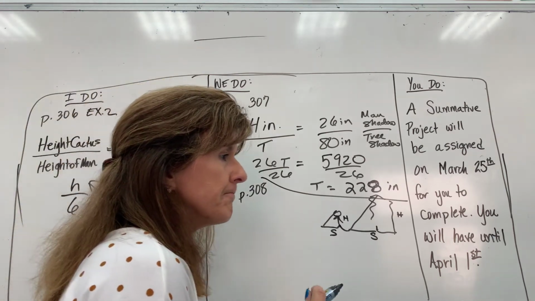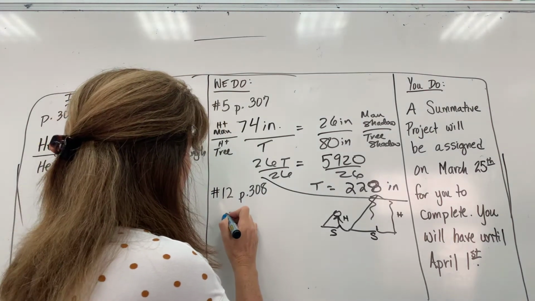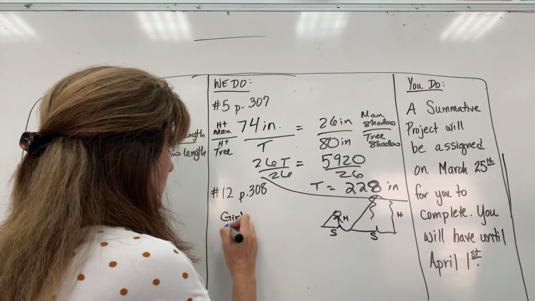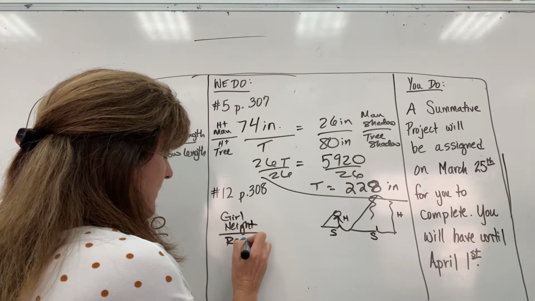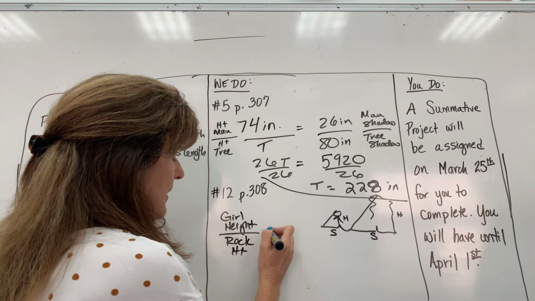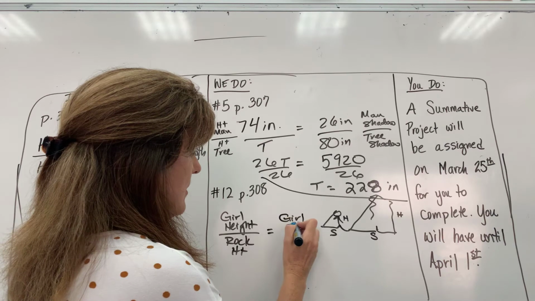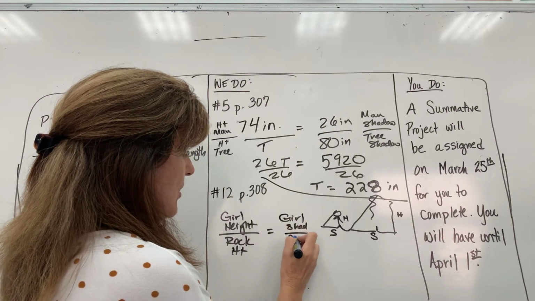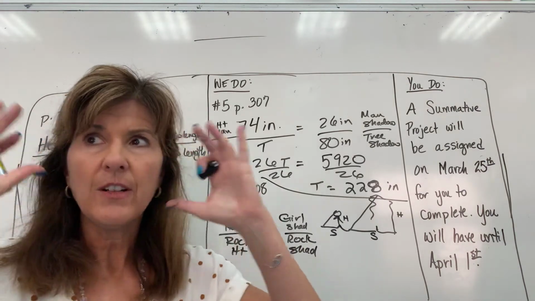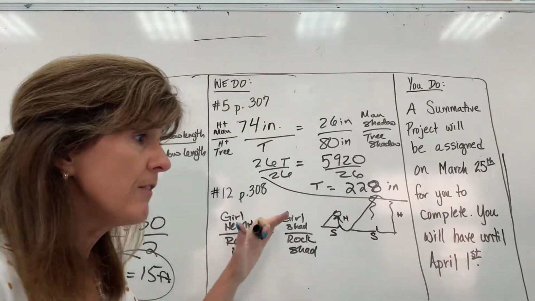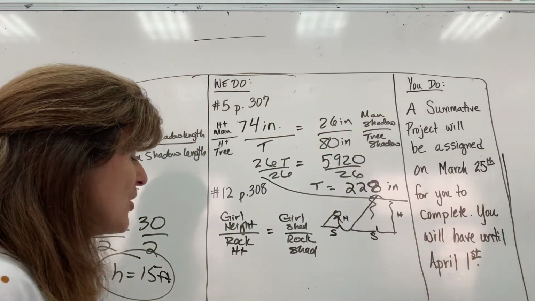Oh, it's actually a girl, sorry about that. So we want to say the girl's height over the rock height equals the girl shadow over the rock shadow. Once we figure out the proportion in words, we can fill in the numbers. Looks like the girl is 5 feet 3 inches.